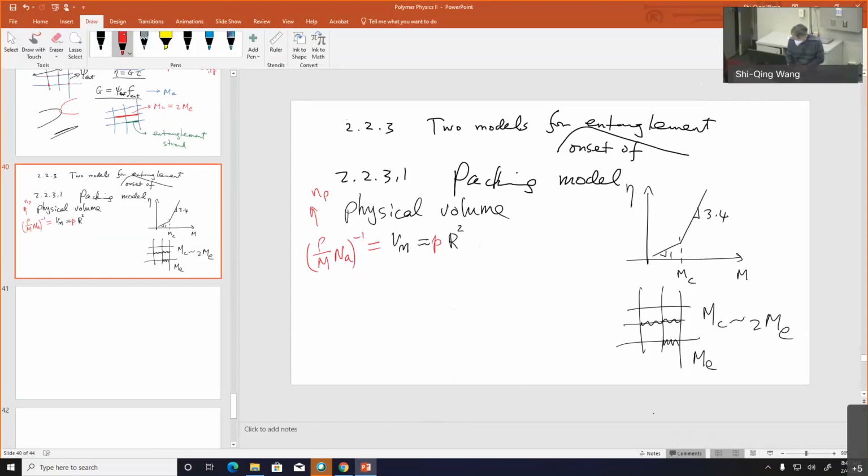The number of moles per unit volume, each mole has this number, Avogadro number of chain molecules. So this is the number, see, the number of chains in your total system and the total volume.